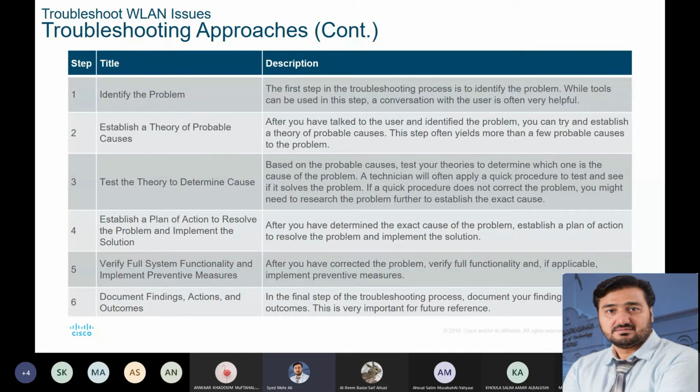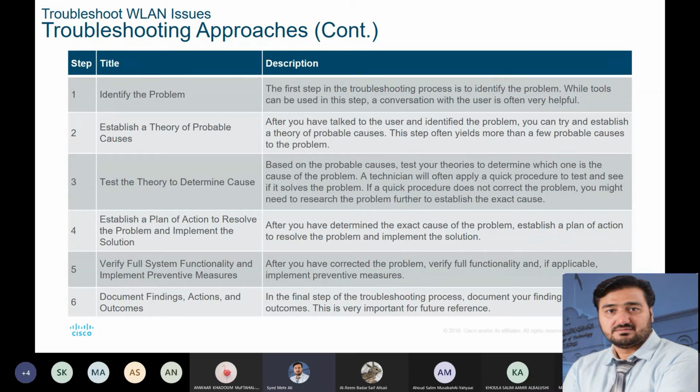We will discuss later how you can ask the user questions: What is the issue? Is it a problem with the browser or the network? Is this the first time you are getting the issue? We will discuss those series of questions which the technician will ask the user. It is called identify the problem. This is the very first step.